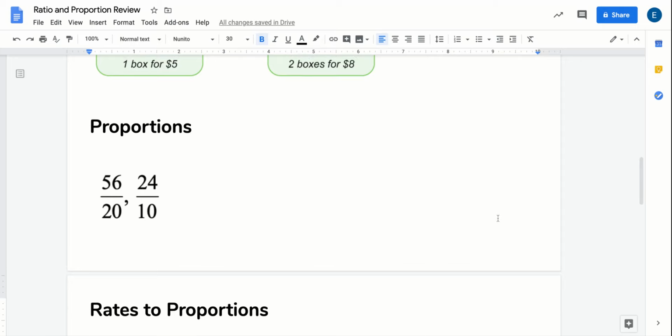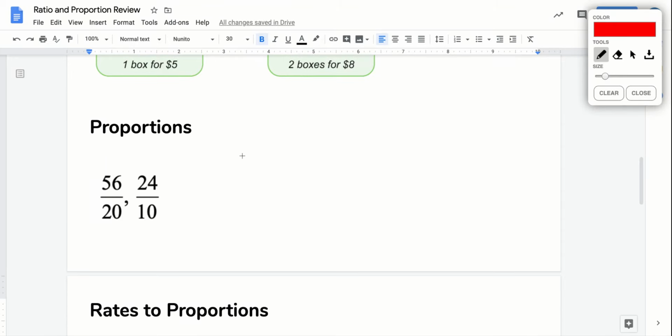All right, let's take a look at these proportions. Remember, to figure out if it forms a proportion, we have to use cross multiplication. So I'm cross multiplying, and I'm cross multiplying, and I have to see if they're the same. 56 times 10 is 560, and 20 times 24 is 480.